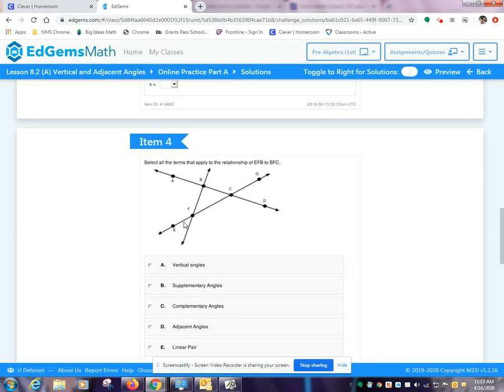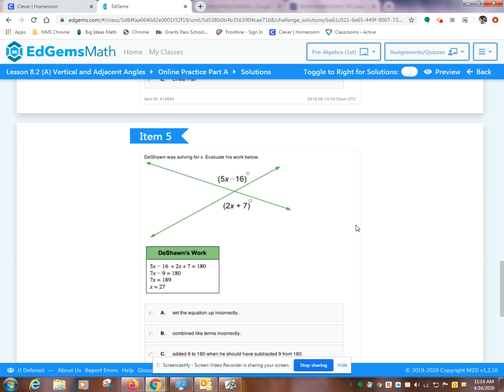It looks like they are in a straight line right here. So BFC and EFB form a 180-degree angle when added together, so they can be supplementary. And because they form that line, this angle right here and this angle right here make a straight line, you could also say they're a linear pair.